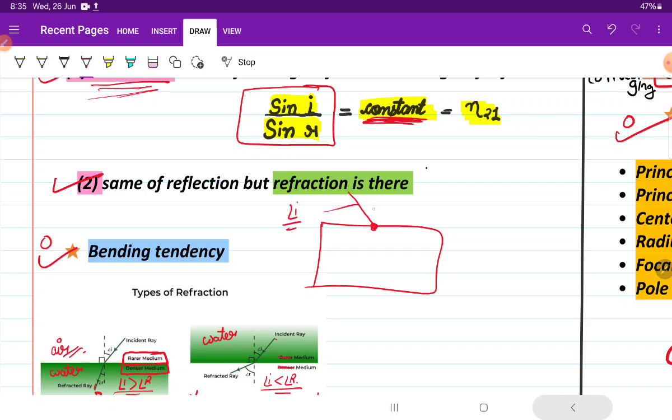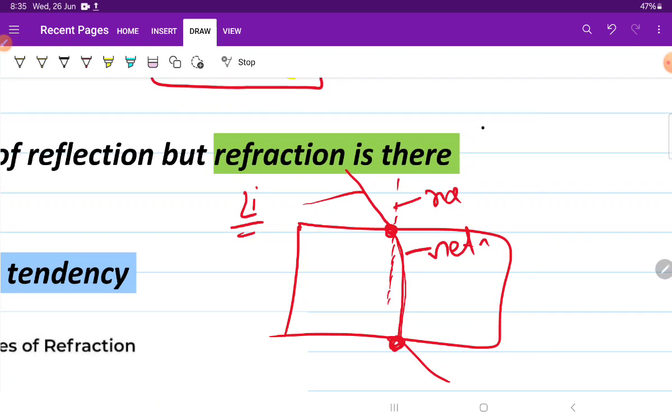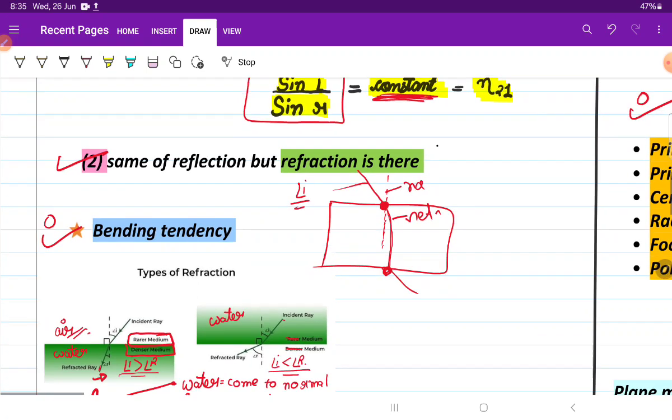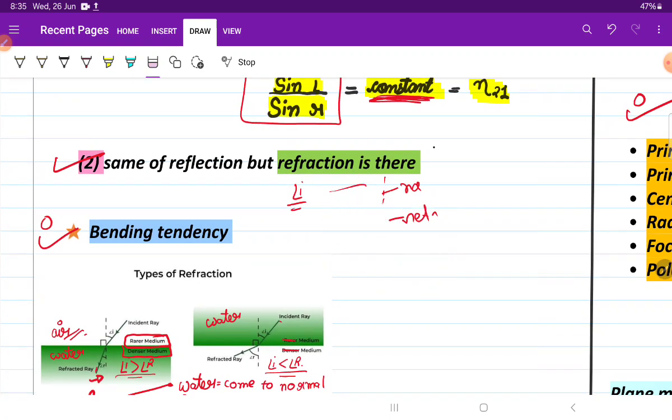Okay, this is the normal, and when it enters a different medium, it will bend towards the normal and pass outside on the other side. So you can see that the incident, normal and refracted ray are meeting at this one point. That point is known as the point of incidence. Okay, I hope that is clear to you all.